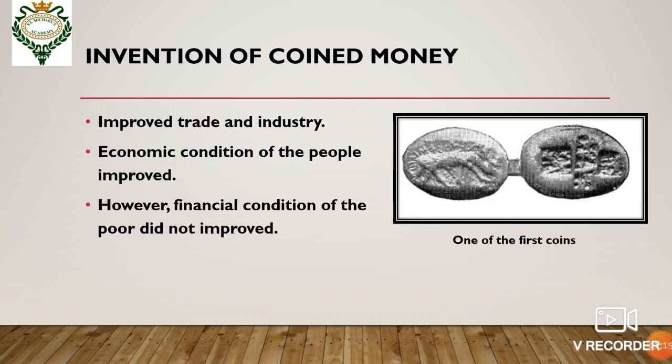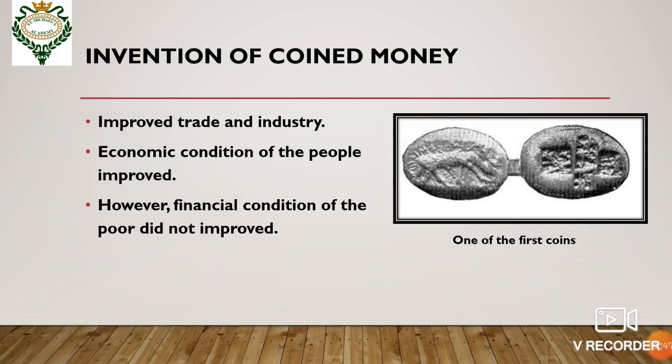Another major invention of the Iron Age was coined money. After discovering this metal, people of that age started using it in various ways, such as for making agricultural tools, utensils, carriage, etc. They used this metal to make coins too.